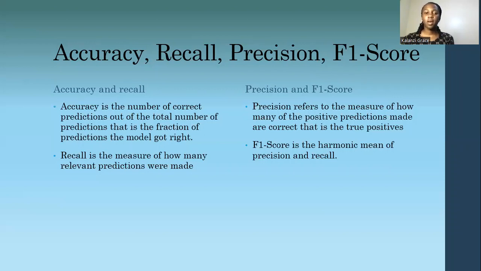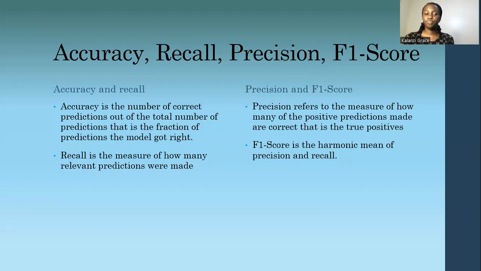Has it scanned a fake product as an original, or an original as an actual original, or an original as a fake? We can group all these under accuracy, recall, precision, and F1 score. So accuracy is the number of correct predictions out of the total number of predictions.